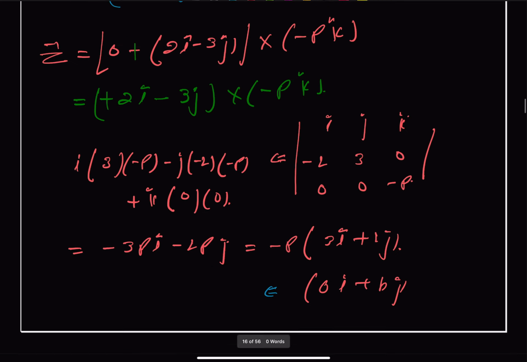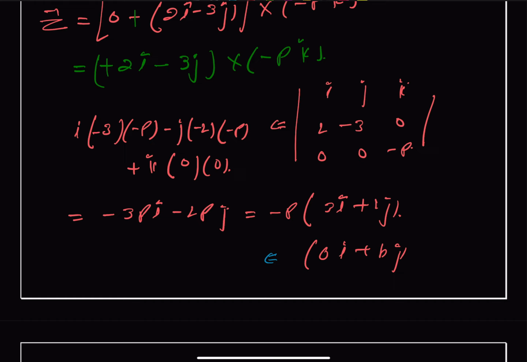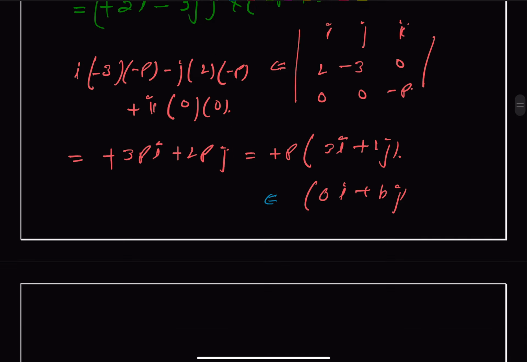Now it is correct, and here also this will be minus, and this 2 will be positive. Now it is correct. We have here plus, and this is plus. So we get that A is equal to 3 and B is equal to 2.